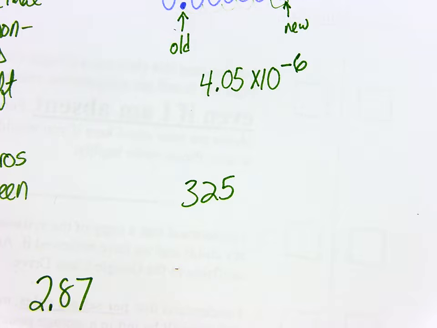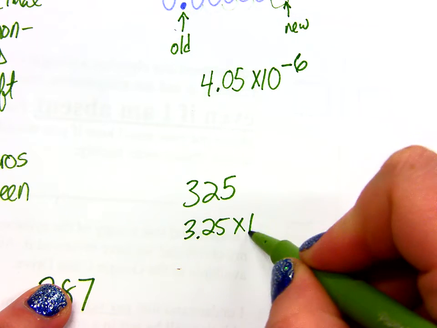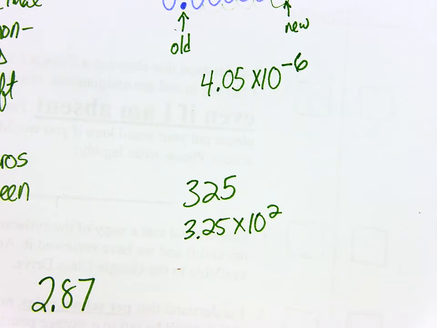You're going to follow the same steps. You have it? Go ahead. 3.25 times 10 to the, perfect.